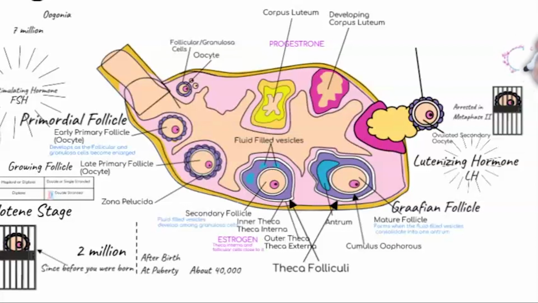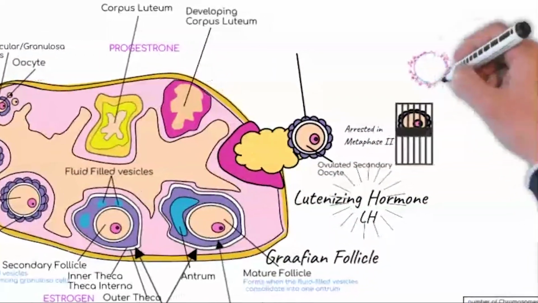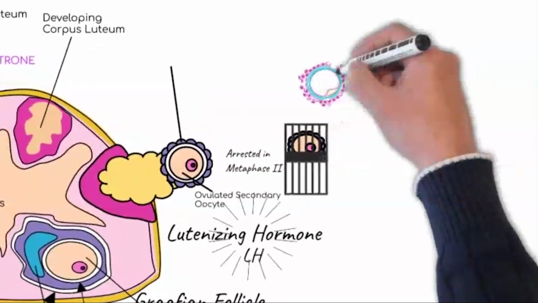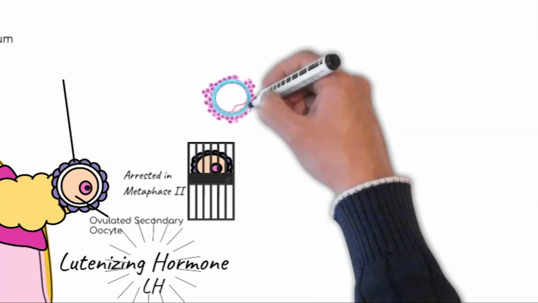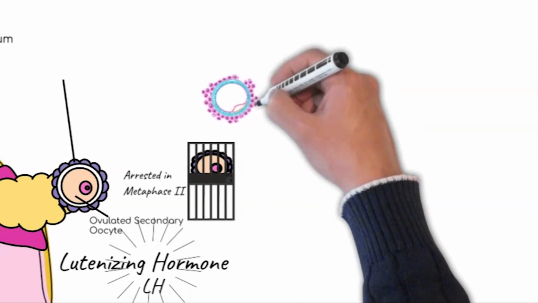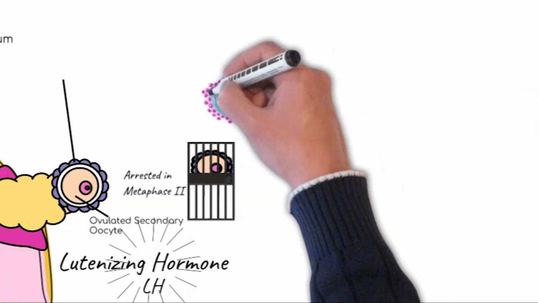The Cumulus Oophorous cells begin to rearrange themselves around the ovum in a manner that gives the shape of a crown. So now these Cumulus Oophorous cells, they start looking like this. Okay, so it looks like a crown.